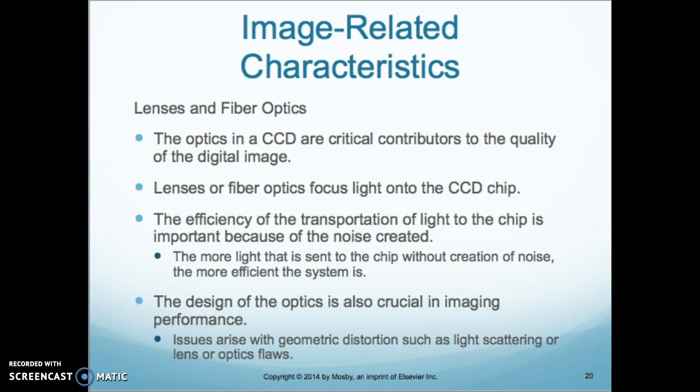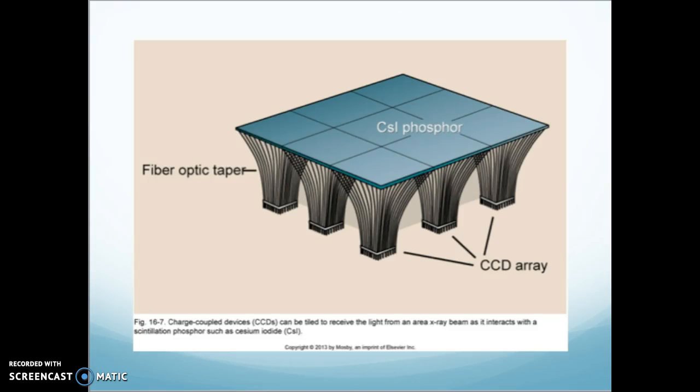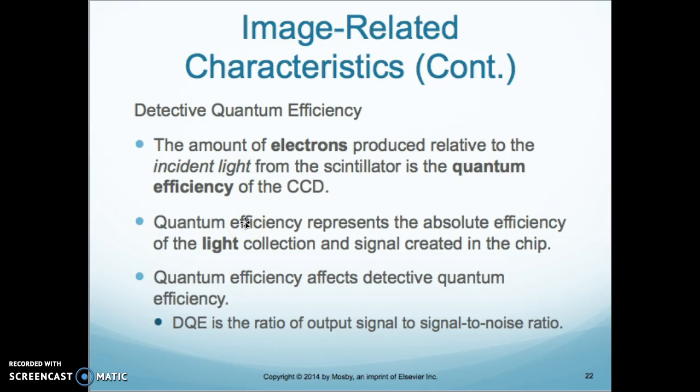The design of the optics is also crucial in imaging performance. Issues arise with geometric distortion, such as light scattering or lens or optic flaws. We'll talk more about that later on. So this gives you an idea. Here's your array. Here's your fiber optic tapers.